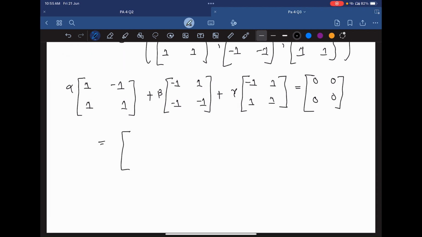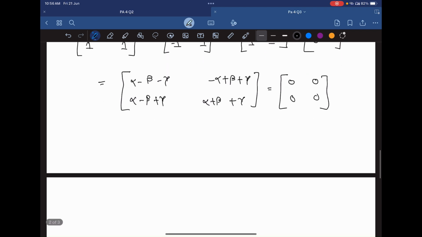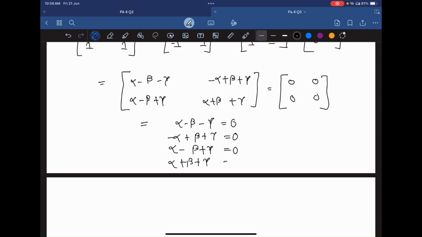If we simplify this, we get the system of linear equations: alpha minus beta minus gamma equal to 0, minus alpha plus beta plus gamma equal to 0, alpha minus beta plus gamma equal to 0, alpha plus beta plus gamma equal to 0. Consider these equations 1, 2, 3, 4.